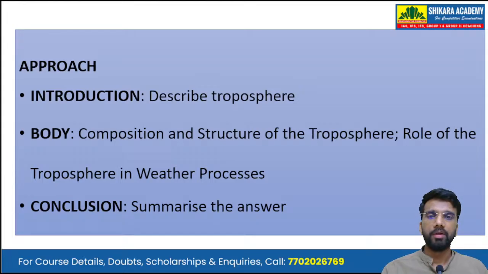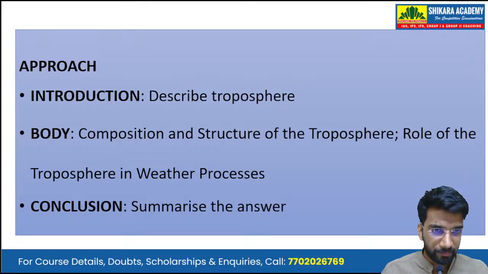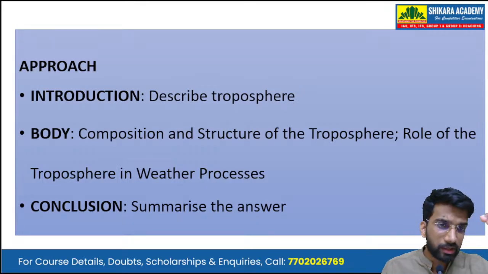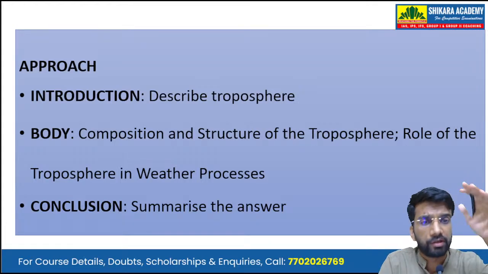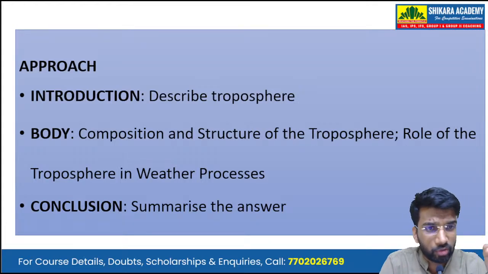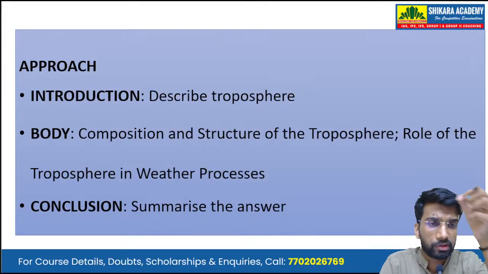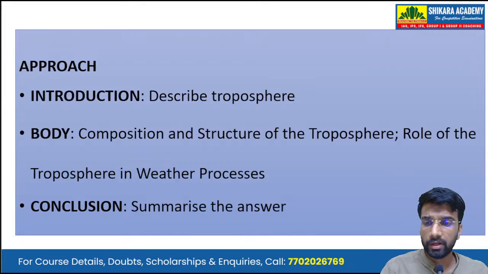So in the approach, starting with the introduction, we describe the troposphere. We describe the atmosphere. We can also draw a diagram or a schematic showing the 5 layers of the atmosphere, starting with the troposphere, stratosphere, then mesosphere, ionosphere, and exosphere.